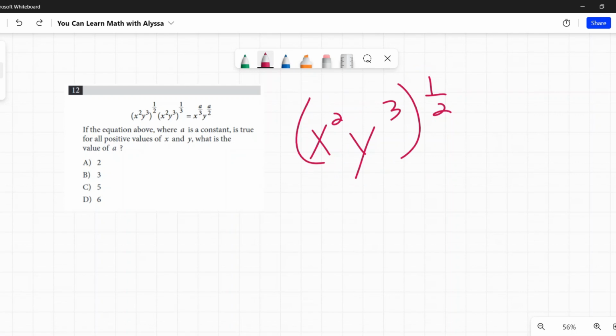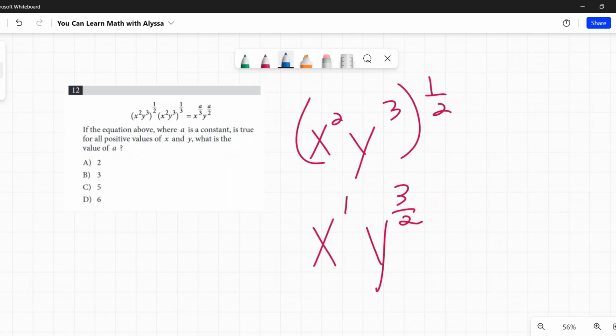When it is a power to a power, you multiply. So 2 times 1/2 is just 1. So I have x to the power of 1. You normally wouldn't have to write it, but I'm going to do it just to keep things consistent. Next one, I have y cubed to the power of 1/2, 3 times 1/2, y to the power of 3 halves.